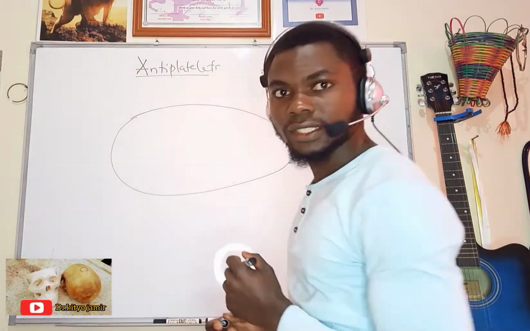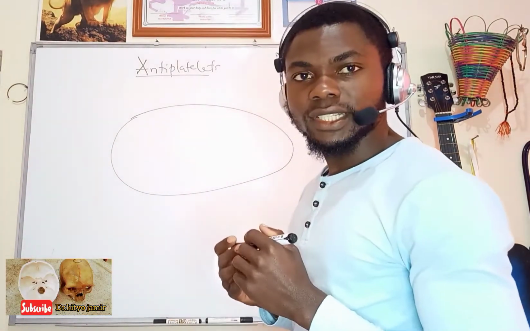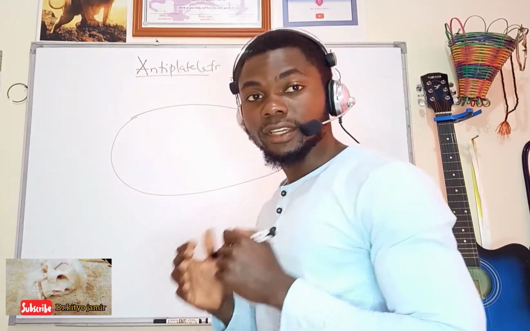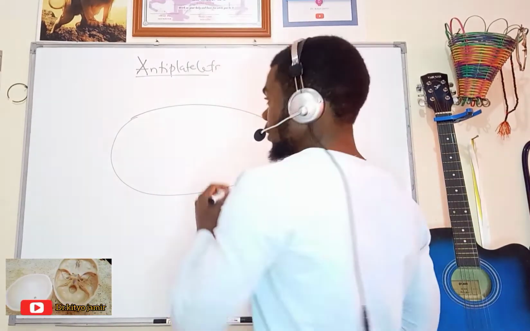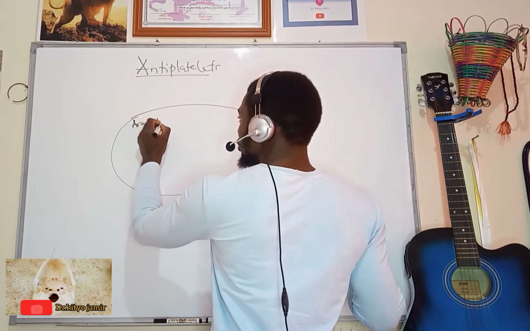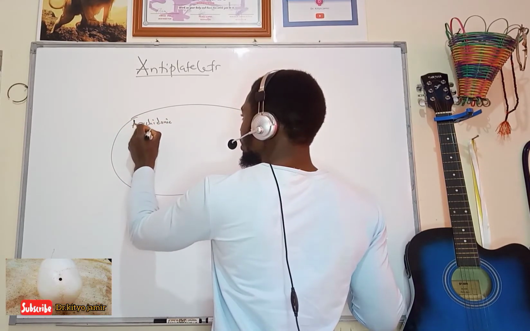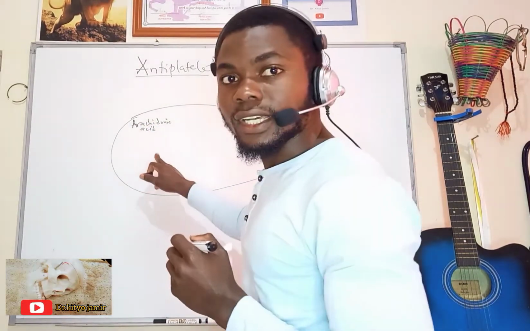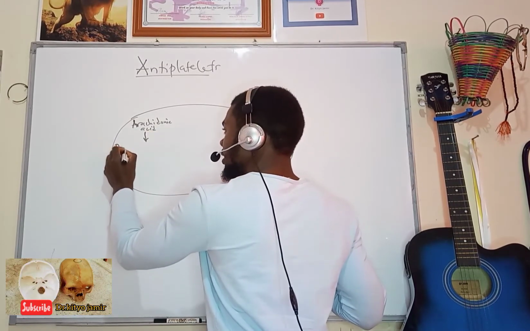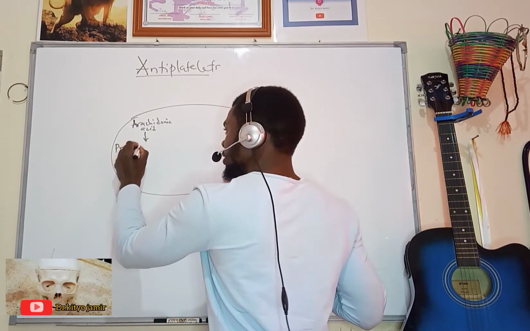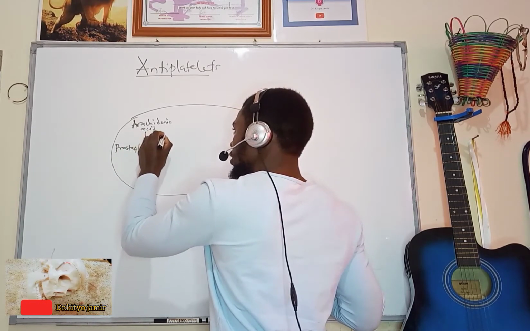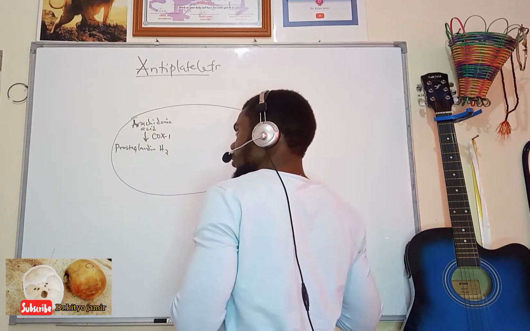let me say that is my platelet. When this platelet is activated, we are going to have arachidonic acid being released from the membrane phospholipids. So this arachidonic acid is going to be converted to prostaglandin H2 by the enzyme cyclooxygenase 1 or COX-1.